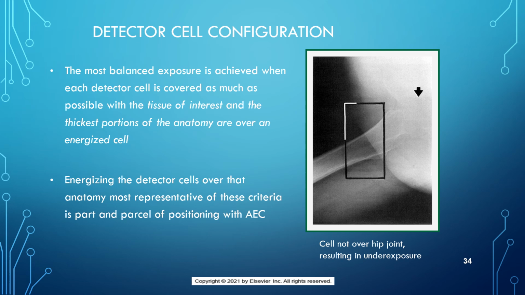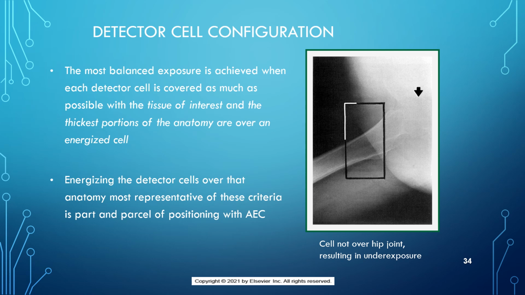Whereas if we had centered to the actual femoral head, then we would have the acetabulum, that hip socket, plus the entire thickness of the femoral head, and then also the patient's soft tissue in their buttock that would be attenuating the radiation better than this is. And so does it look underpenetrated, right, and underexposed? Can you see the acetabulum?